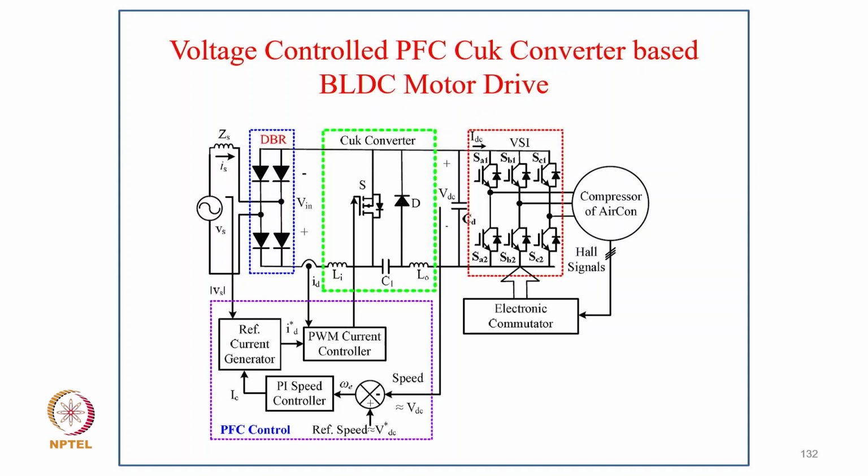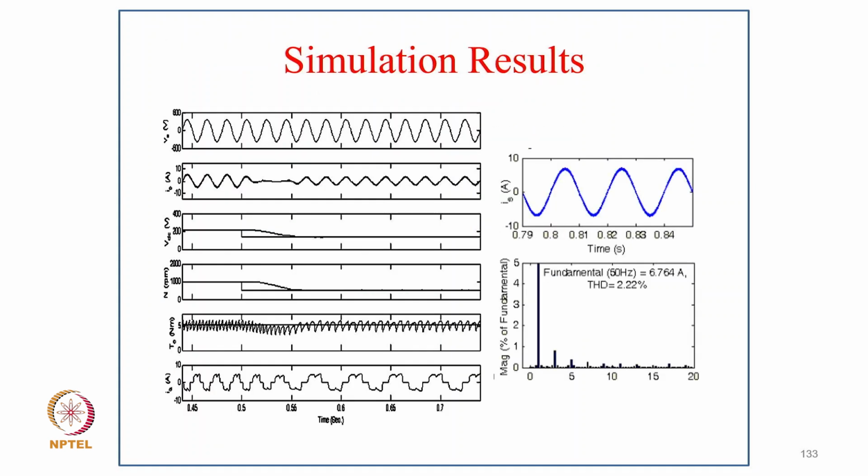In this case, from the converter, we are designing LO in DCM. The advantage of LO in DCM is that we get inherent power factor correction, the size of LO is also low, and then we vary the voltage at the DC link so that the inverter only operates in electronic commutation mode. So we get inherent power factor correction even while varying over a wide voltage range, and we are able to control the DC link voltage to control the speed of this BLDC motor with inherent power factor correction.